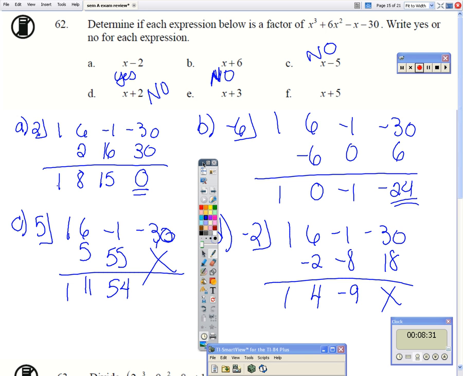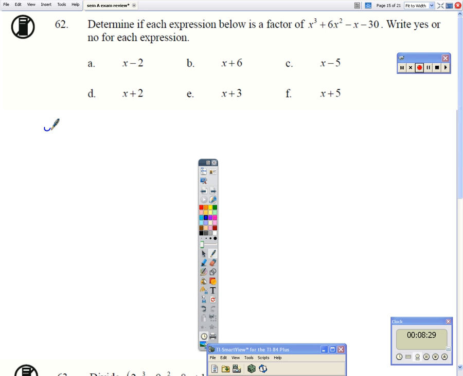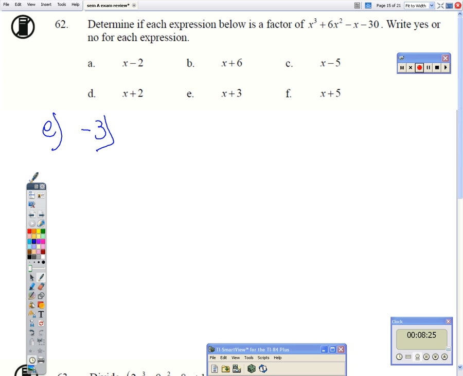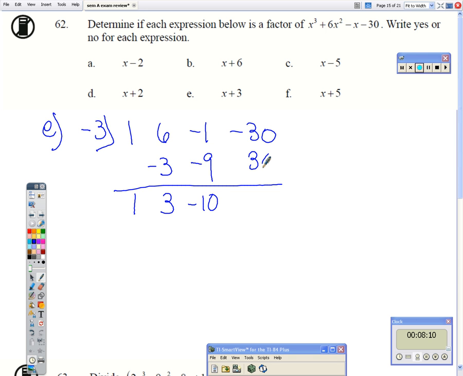Okay, so let's try E. Oh, we get a remainder of 0, so E is a factor.